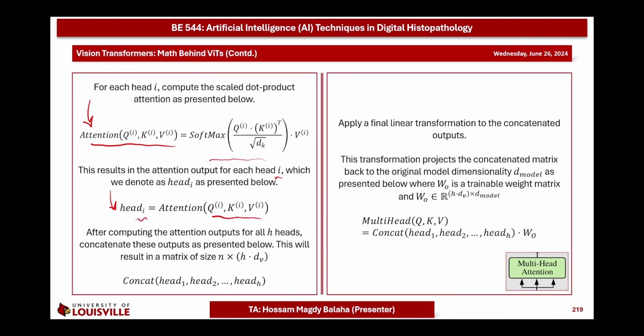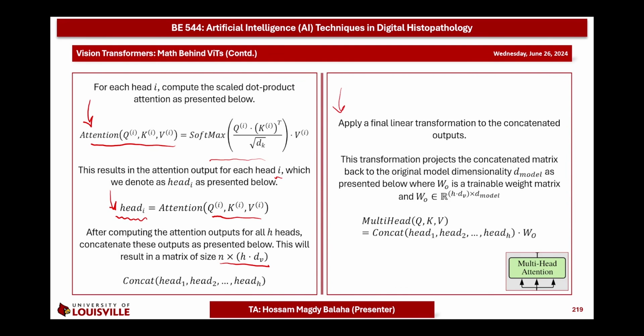Now you have h heads, so you will concatenate all of them together, and this will result in a matrix of size N multiplied by h times dv, where dv is the dimensionality of the values. After the concatenation, you will apply a final linear transformation to the concatenated outputs.